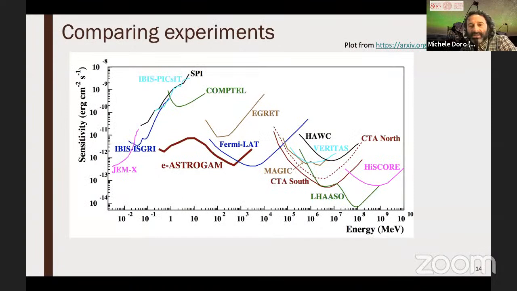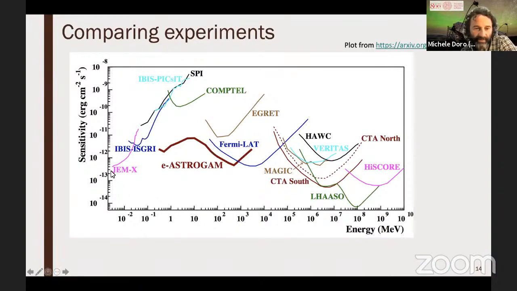Now let's try to relax a little bit and spend some time on the things that I was discussing with you. That's a plot of sensitivity, energy flux as a function of energy. And you see that, as I was saying before, it is very hard to find an instrument that covers more than 2 orders of magnitude.